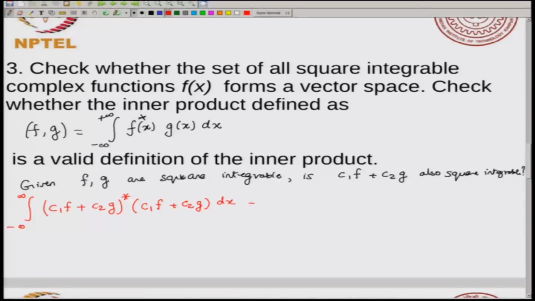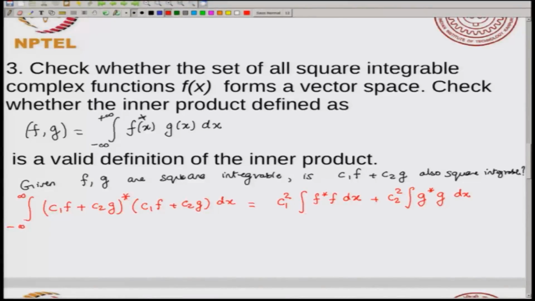So what you will get is C1 square times the integral of f star f dx plus C2 square times the integral of g star g dx. Now remember, C1 square is C1 star times C1. So these are the two things.